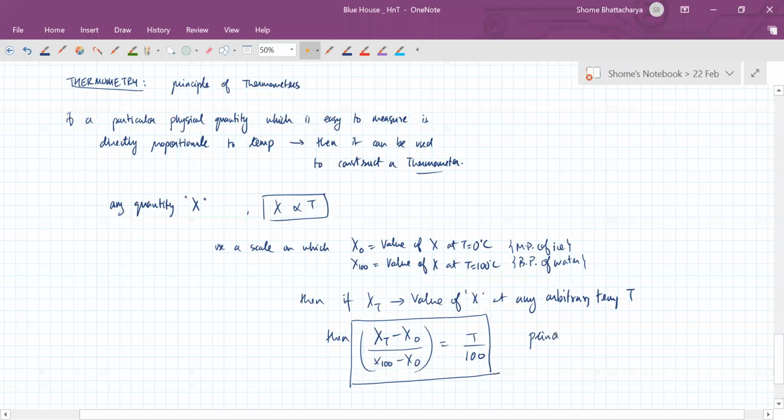This is the principle of thermometry. And it's basically nothing but the unitary method.